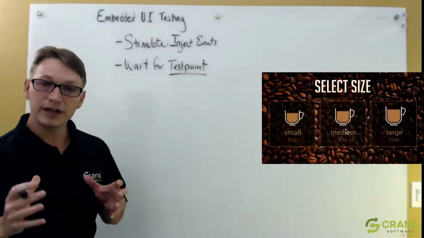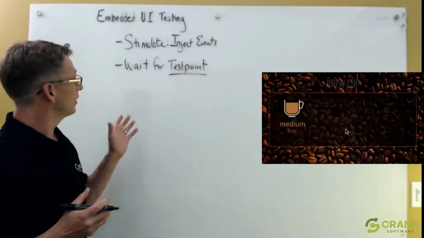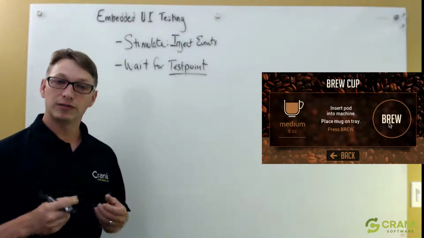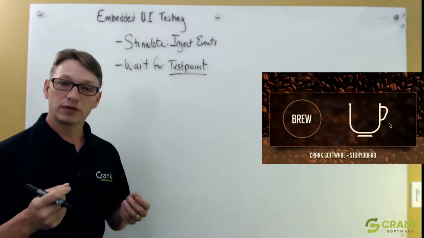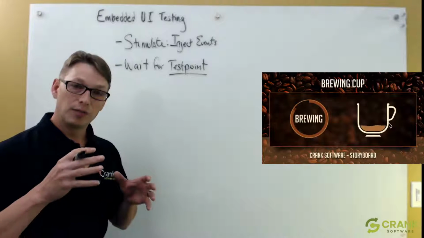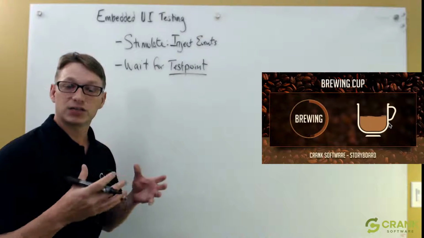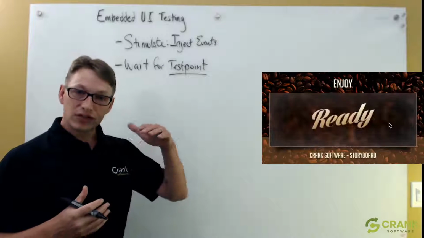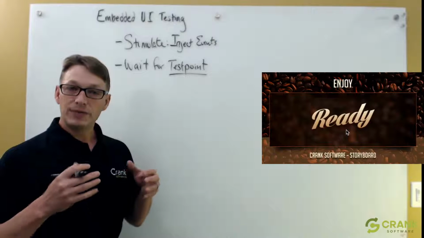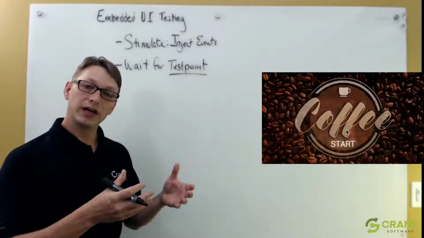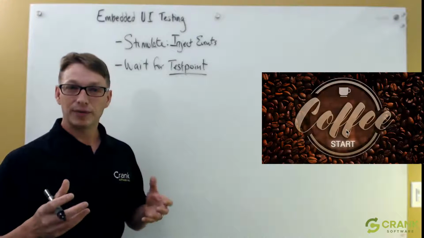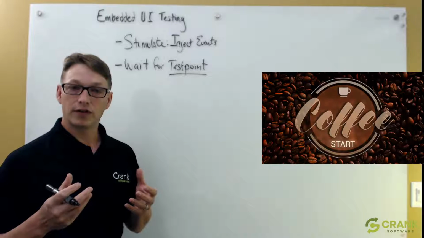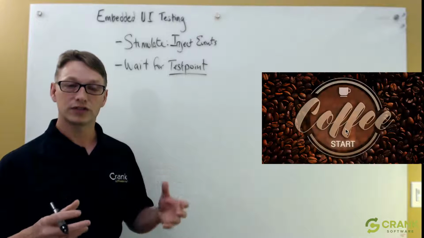I'm going to highlight that this is a test point because it's not necessarily that the minute you inject an event or stimulate the user interface with data that you're working with a testable system. If you look at what's going on right now, we've got animations rolling through, and feedback from the UI to the user that's very dynamic. That's very challenging to test because things are constantly moving, constantly in motion.